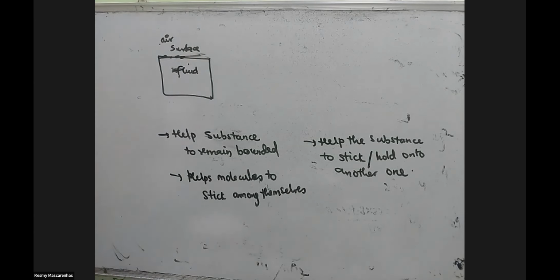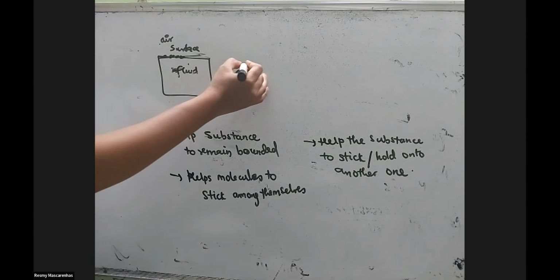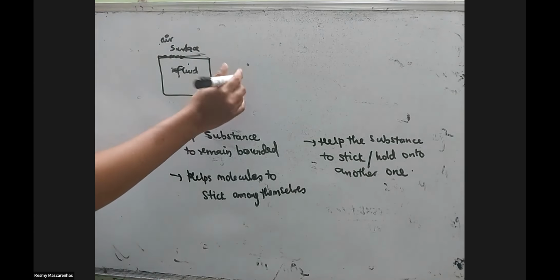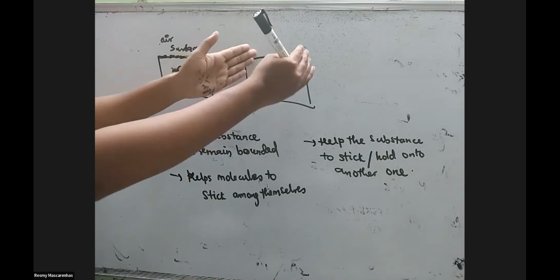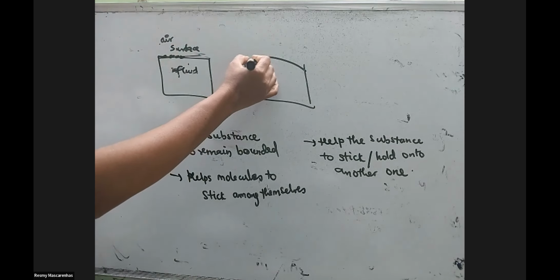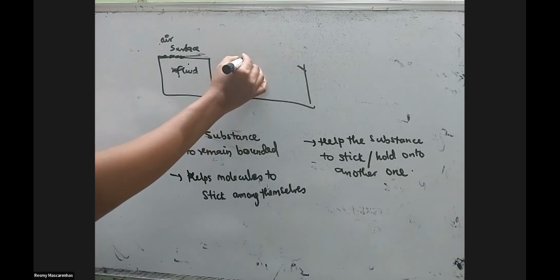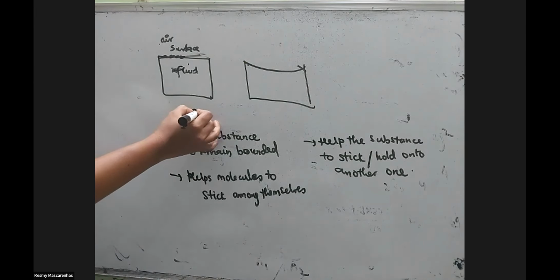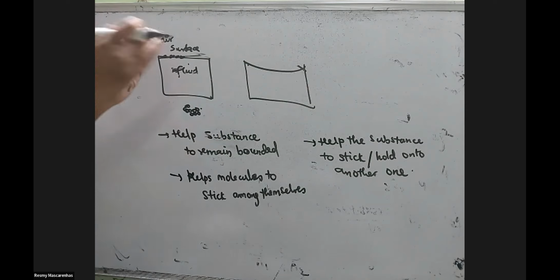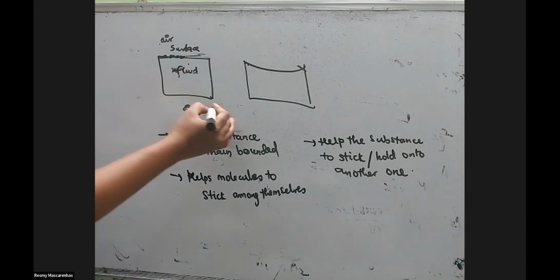The molecules will try to attain minimum area. They try to stick to each other. If you pour this, it will not spread out. The water tries to come close together. It might form this kind of shape, or this one. We'll see in detail about this. But all the molecules try to attain minimum area, so they try to come close to each other. That's why it forms like a bubble.